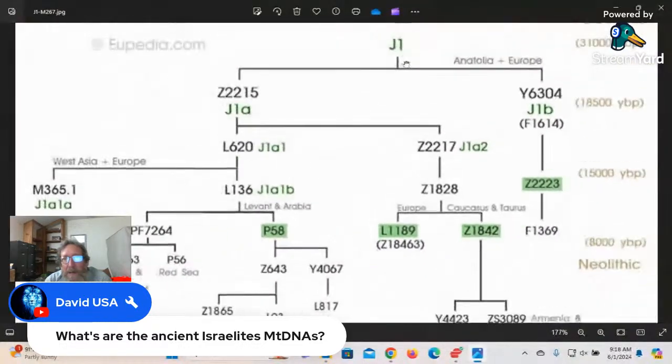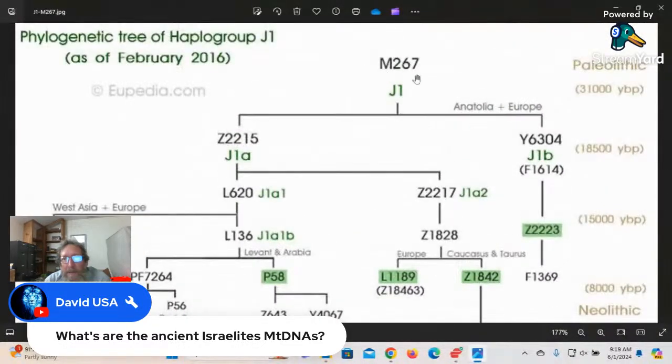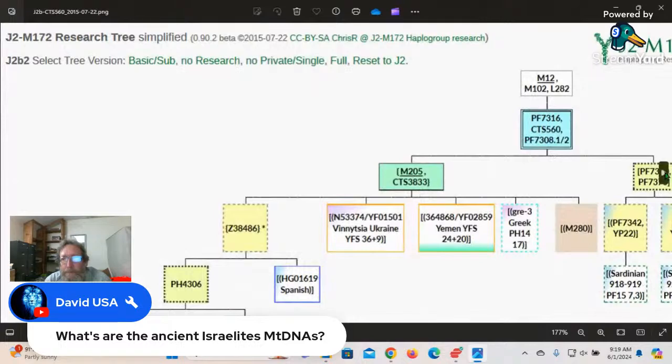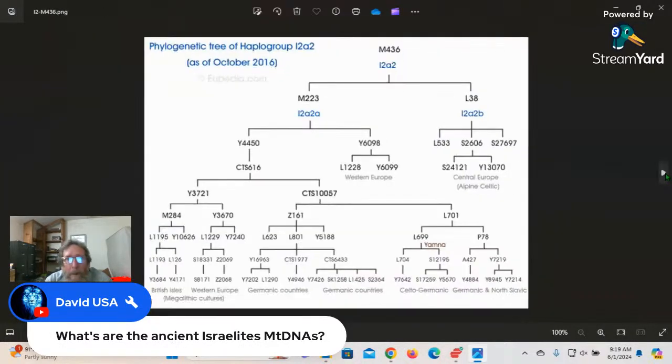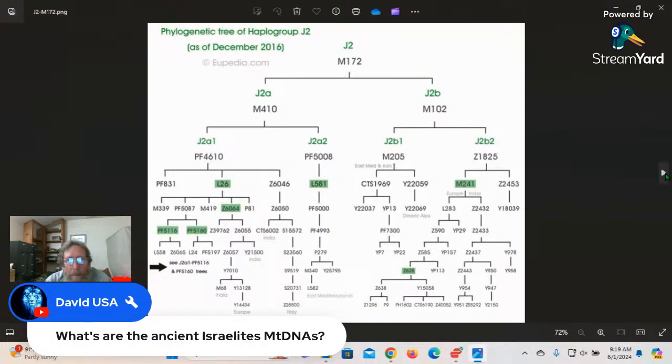And of course, this M267 is not all of J1. There's more J1 than that. There's the I2, J2, and this is only the M172. Like I said, there's more J2 than M172, but this M172 appears to be descendants of David and Solomon.